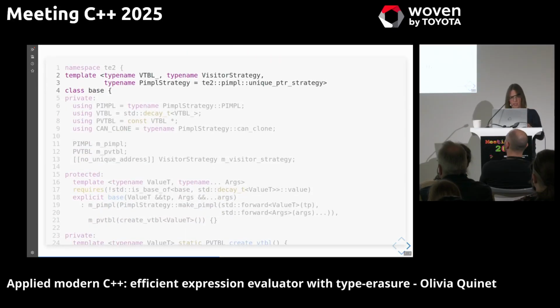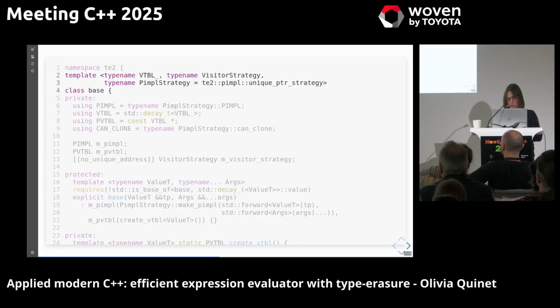So in short, I will go quite quickly. What's important for the following part of the talk: we have a base class, the base class provided inside the library of my framework. It takes as a first template parameter the vtable, which is a structure defining the fixed set of methods that you want to implement for all the objects.